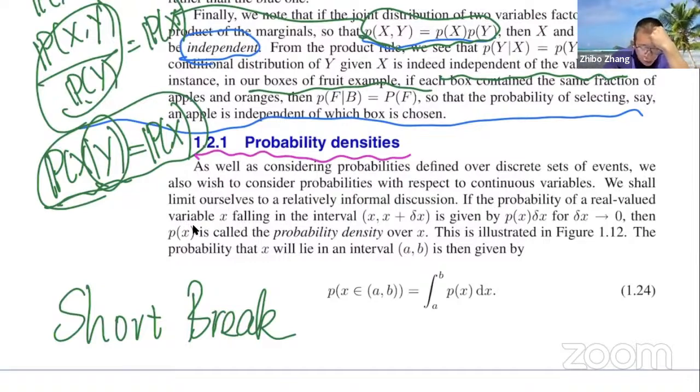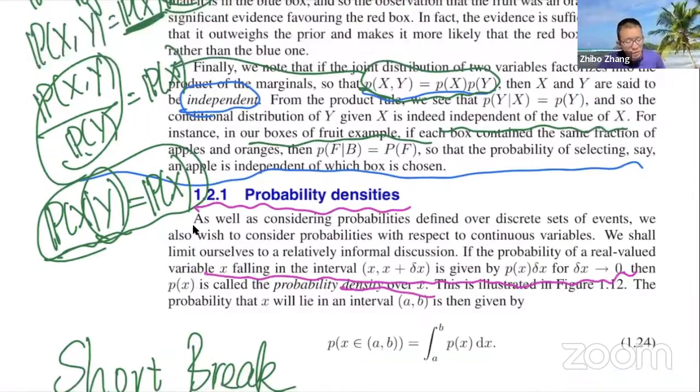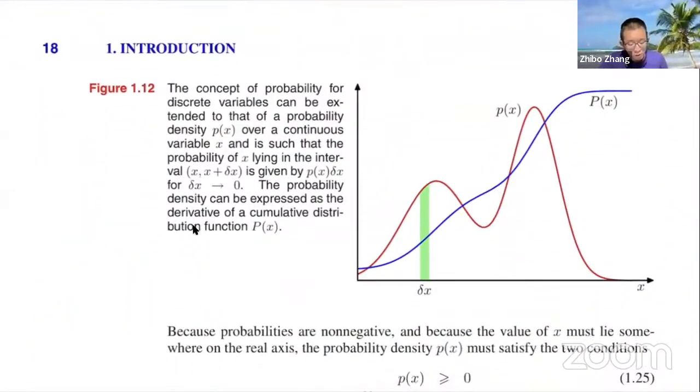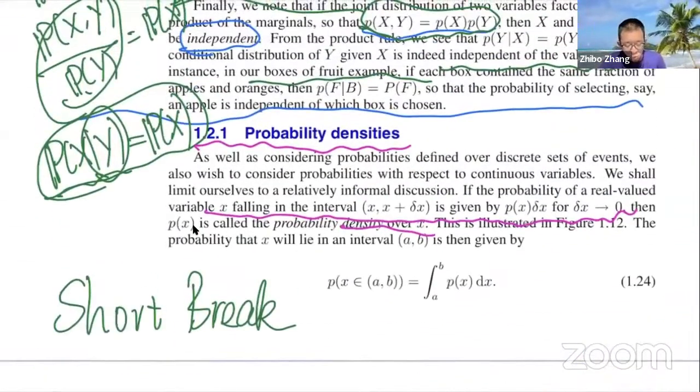If the probability of a real-valued variable x falling in the interval (x, x + δx) is given by p(x)δx for δx → 0, then p(x) is called the probability density over x. This is illustrated in figure 1.12.